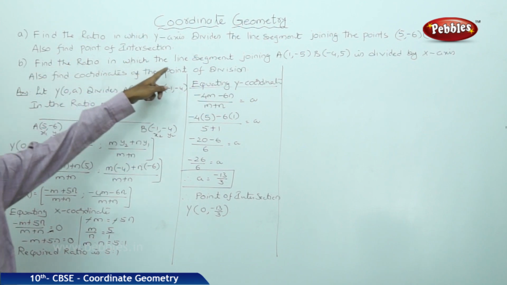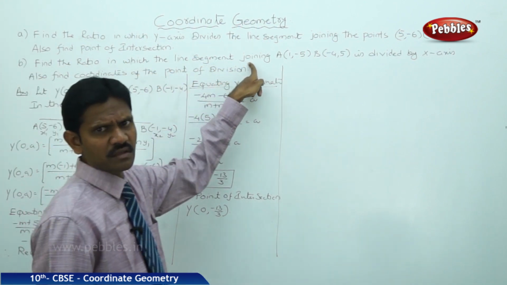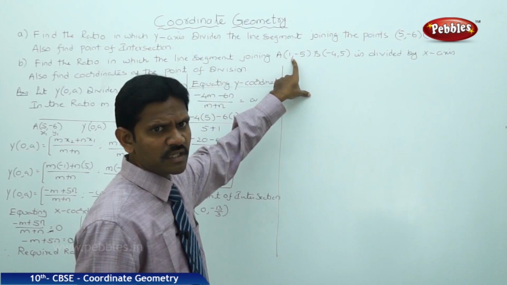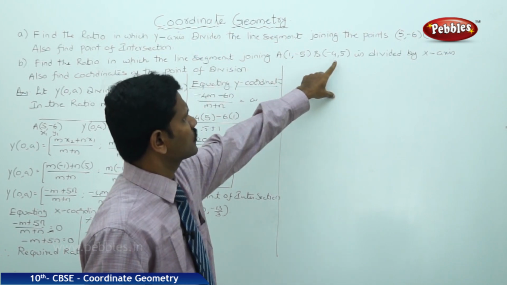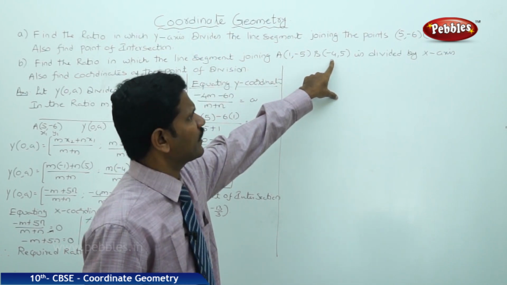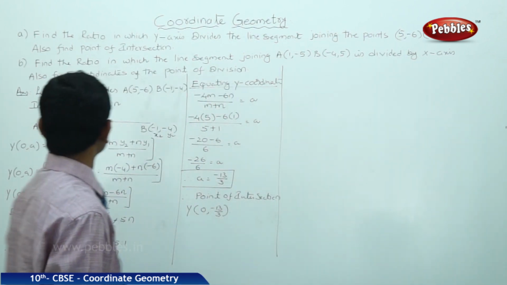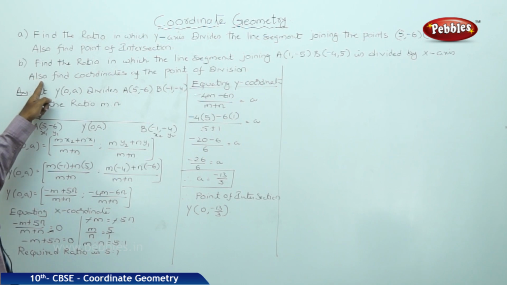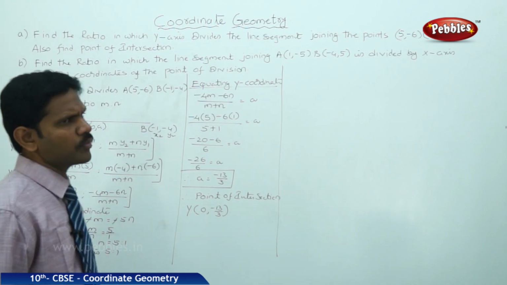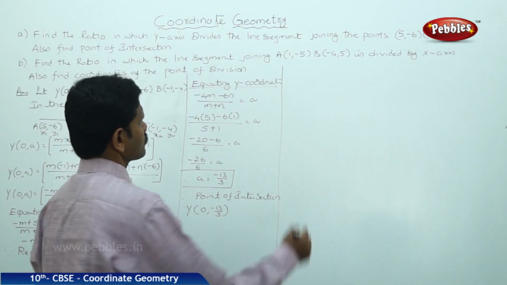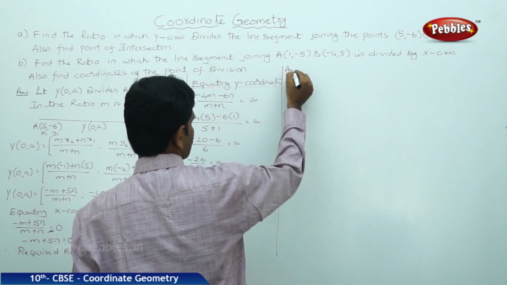Find the ratio in which the line segment joining the points A of (1 comma minus 5), B of (minus 4 comma 5) is divided by the x-axis. Also find the coordinates of the point of division.